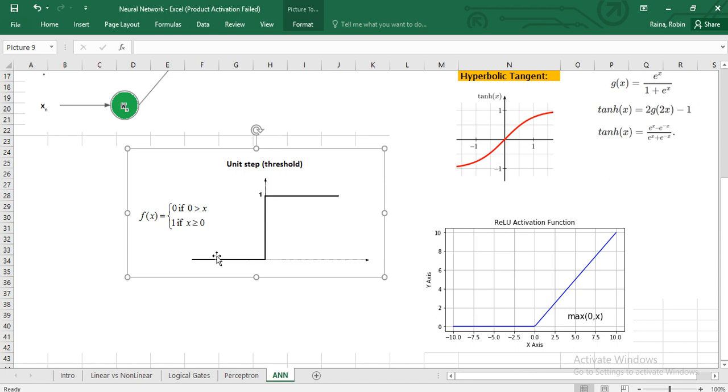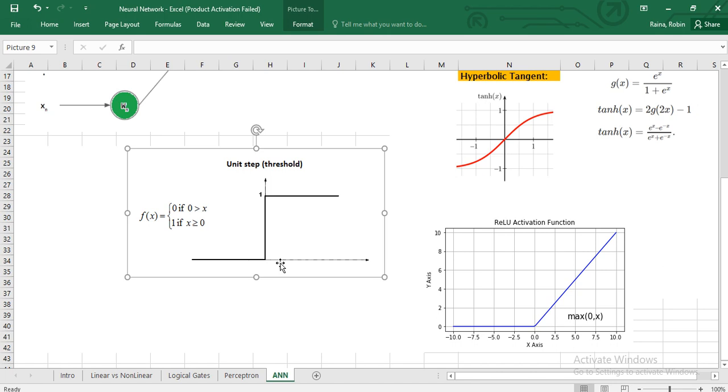But the biggest problem you can see here in the step function, you yourself can see it normally fails in this particular condition when the values are near to 0. That time we have the issues with it, especially in gradient descent we face such issues.